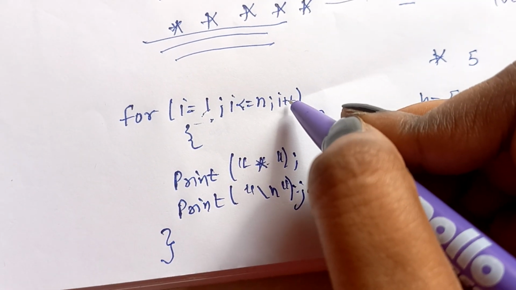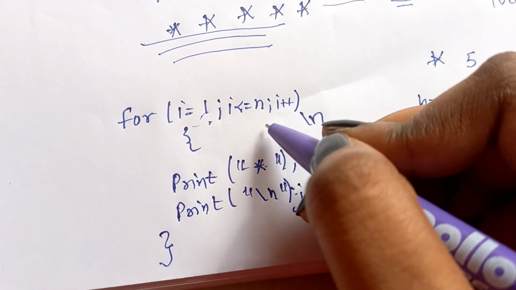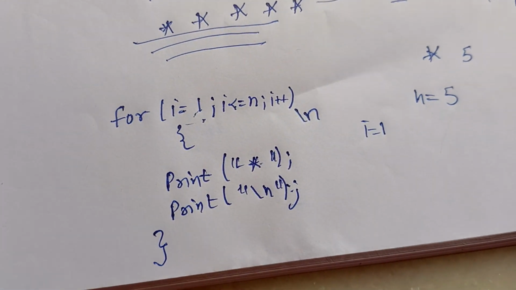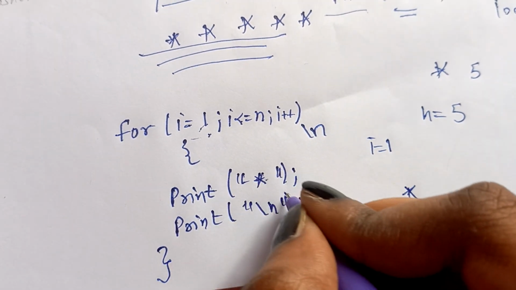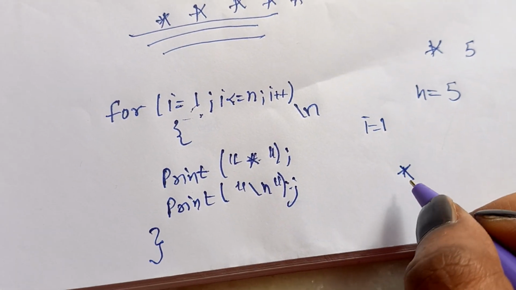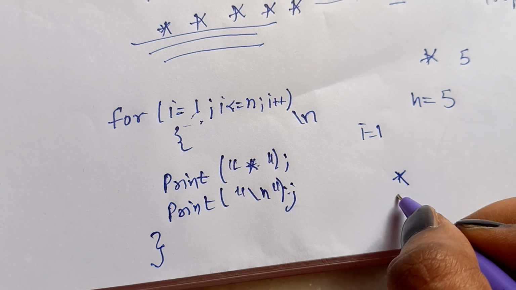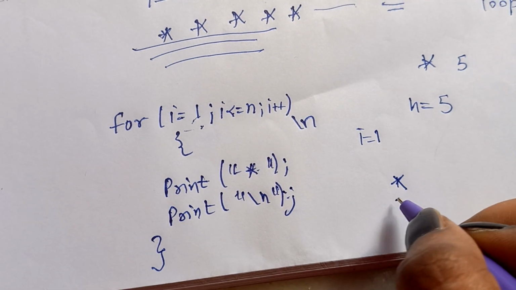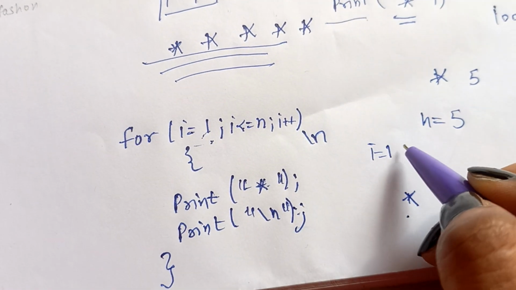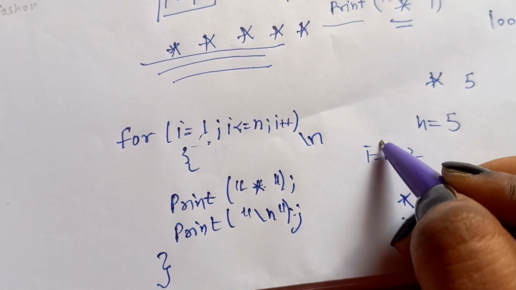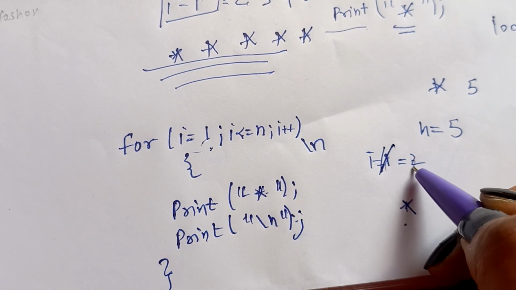Yes, it's true, and it will print first. It will not directly increment, it prints first, then goes to the next line and waits there. Then again it goes to the front. Now I becomes 2.